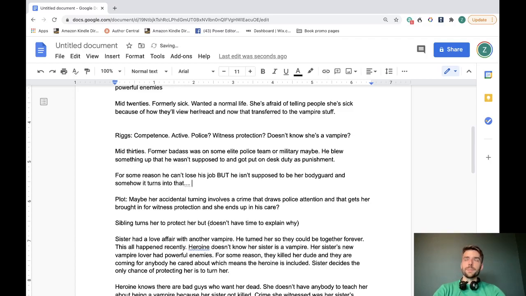I'm guessing the guy who does the paperwork also isn't the guy who's sitting around guarding the people in witness protection. So it could be a good tension point: maybe this is his last chance, and he's got to prove that he can sit at a desk and not blow something up for a month if he wants to get his old job back, which he's passionate about.